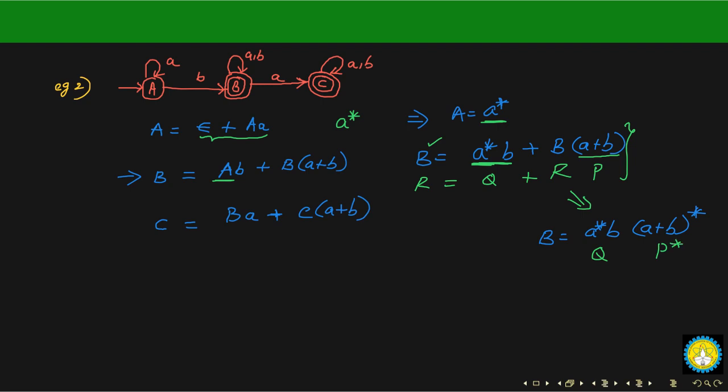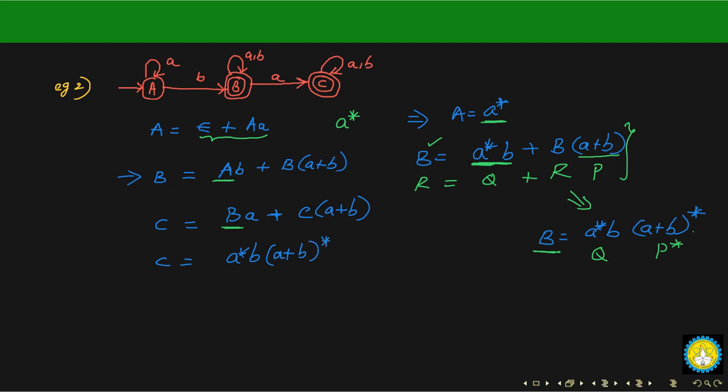Now that we got B, we can put this back in the expression of C. What I'm going to do here is substitute this B in my expression for C. So the expression for C will become C equals A star B into A plus B star.